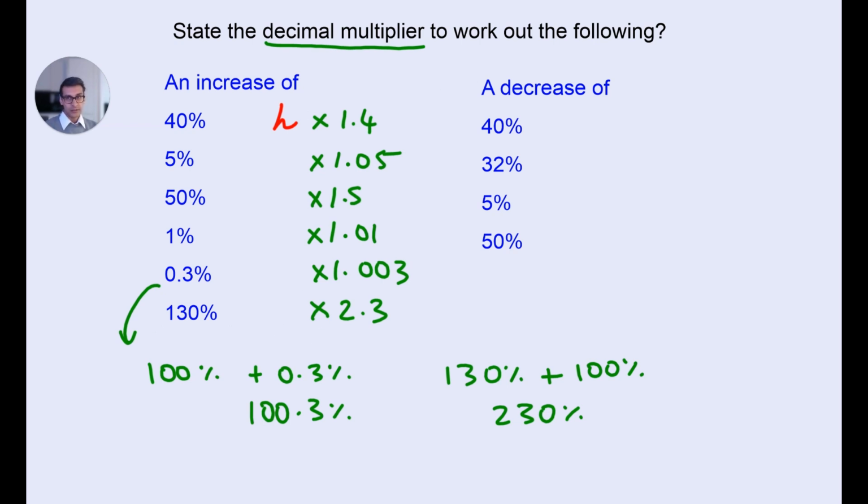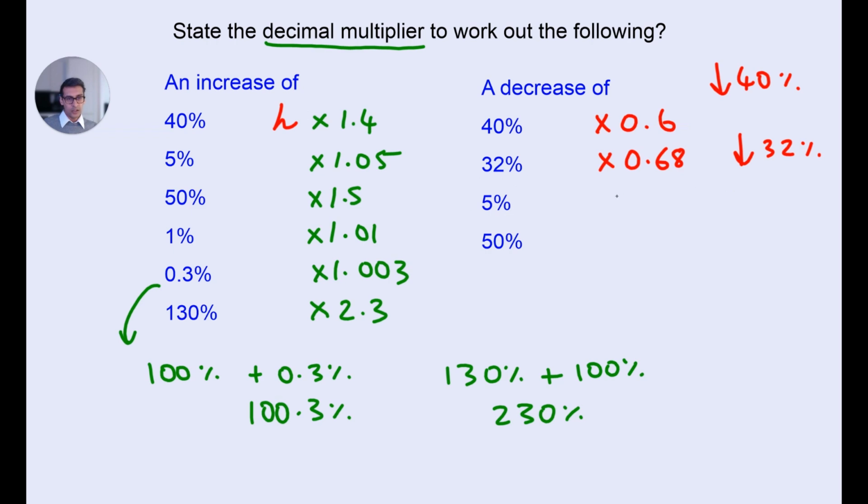So for decrease, you need to be careful again. If you're decreasing by 40%, you're left with 60%. So the multiplier is 0.6. If you start with 100% and you take 32% away, so 100 take away 30, 70 take away 2, it's going to be times 0.68.